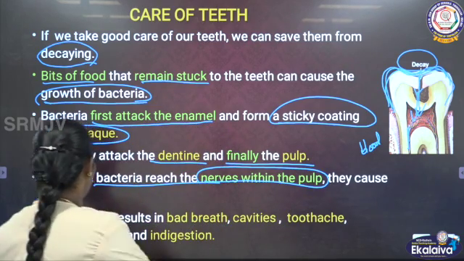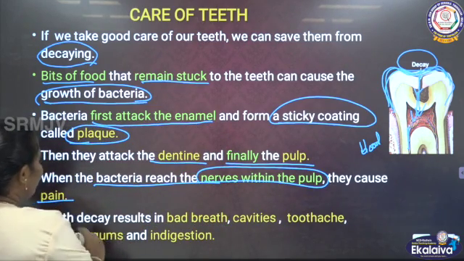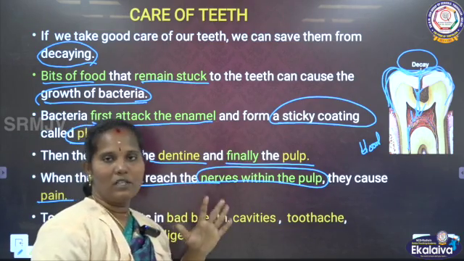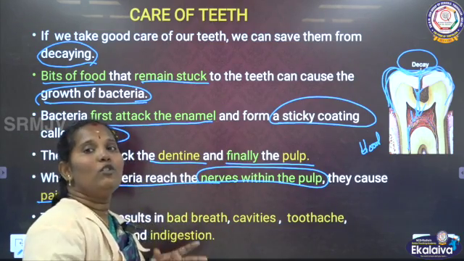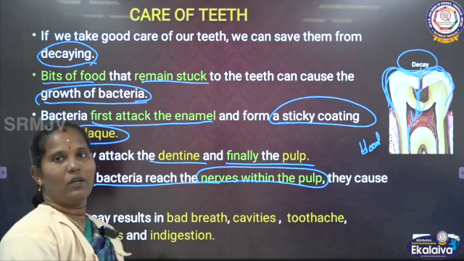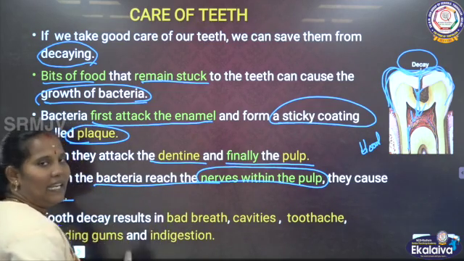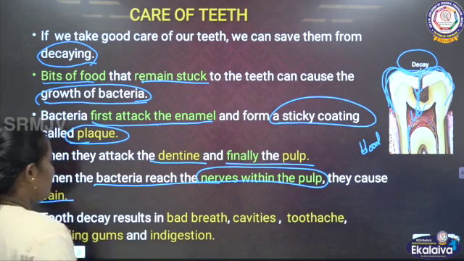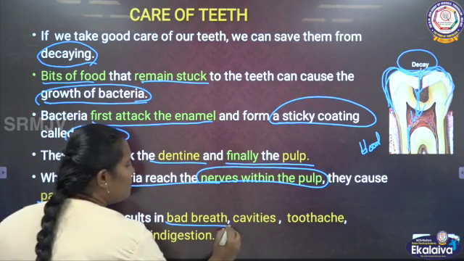Clear? Then, what will happen if the tooth gets decayed? It gives a lot of trouble to us. What are the troubles? First, we get severe pain in our mouth. After that it gives bad breath.